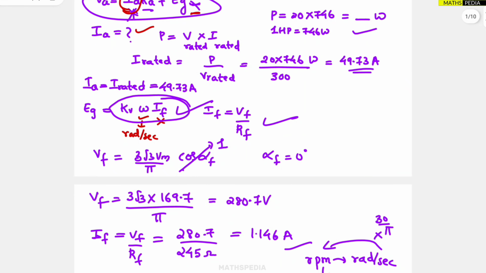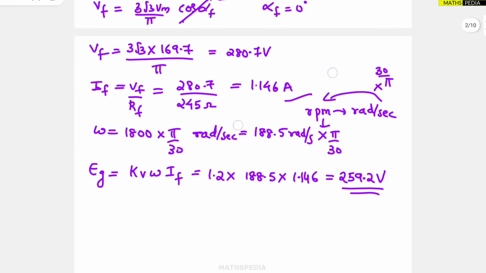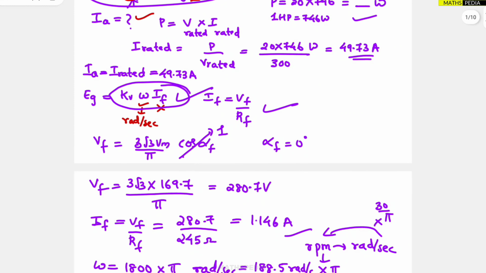I'll explain once again the description part, briefly. For short form, I'll explain you. The A part will be quite confusing because it is taking a long time to calculate itself. So VA is equal to, as we know, IARA plus EG. IA we found out, which is the same as I rated using the power formula.